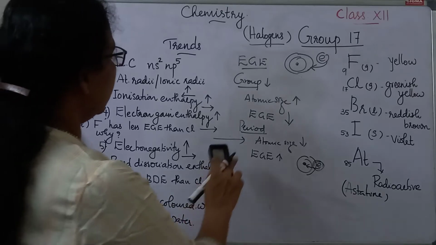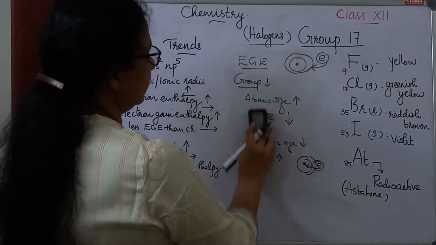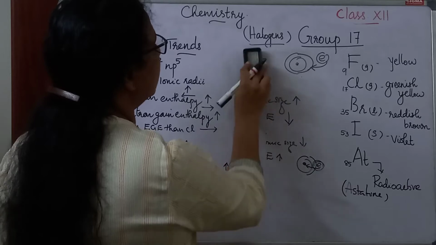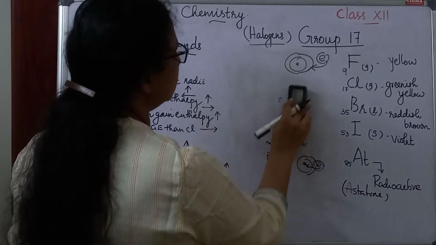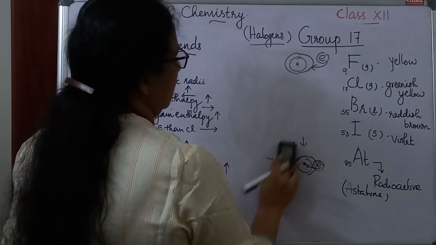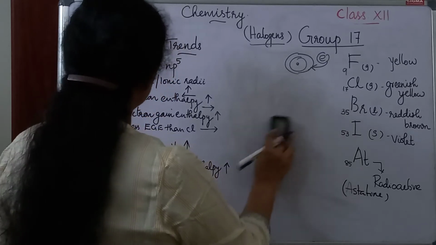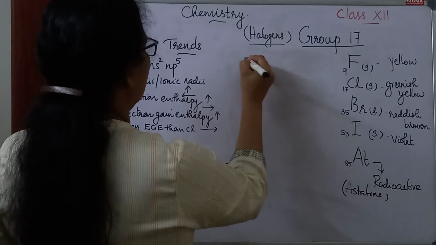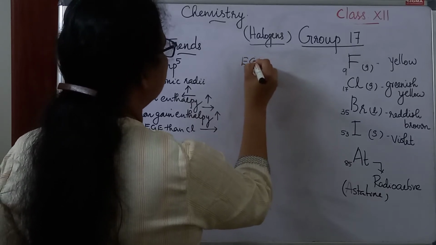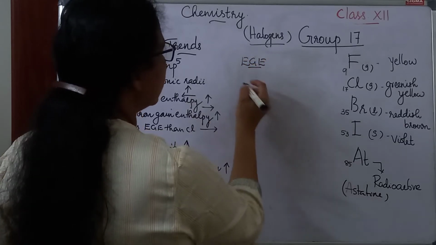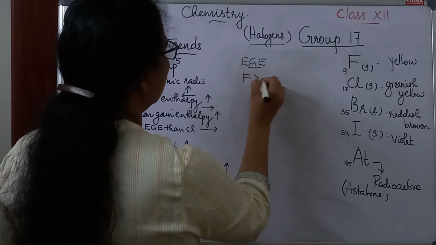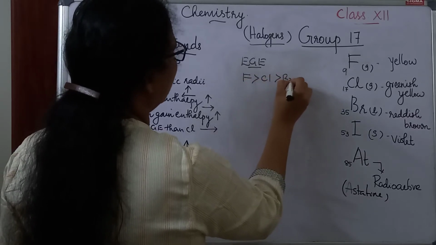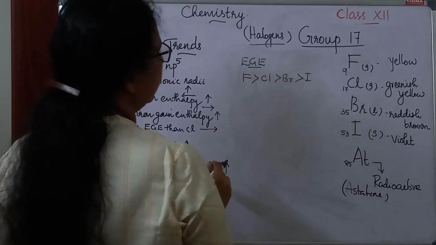Then there is an anomalous behavior with fluorine. Let's see the anomalous behavior with fluorine. The expected trend is fluorine, chlorine, bromine and iodine.